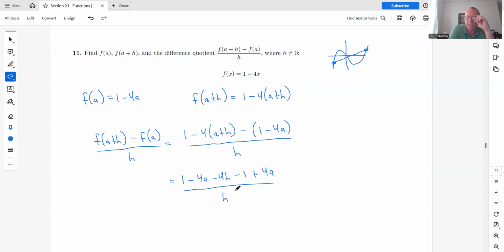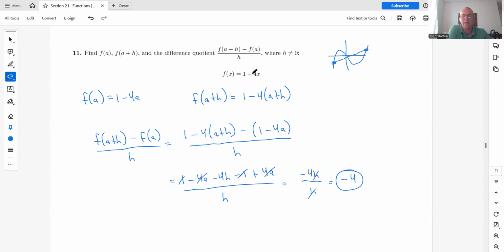Now, if you do these right, the terms without an h in the numerator will cancel each other out. So 1 and -1 cancel each other out. Negative 4a and positive 4a cancel each other out. So now we just have -4h over h. The h's cancel, and we just have -4.